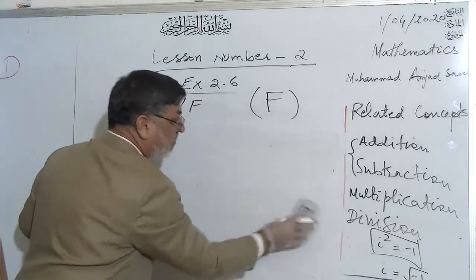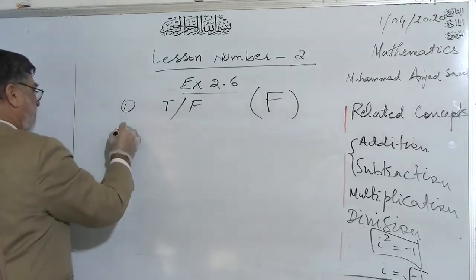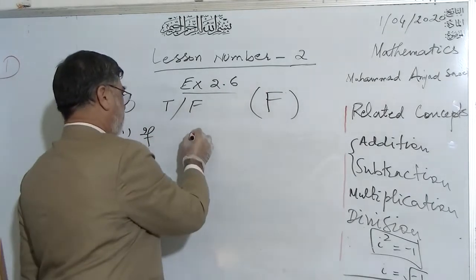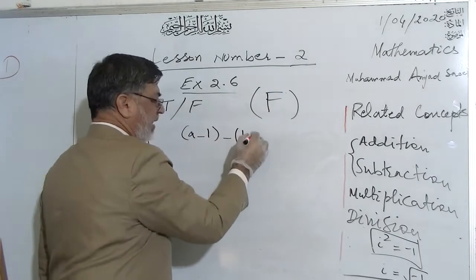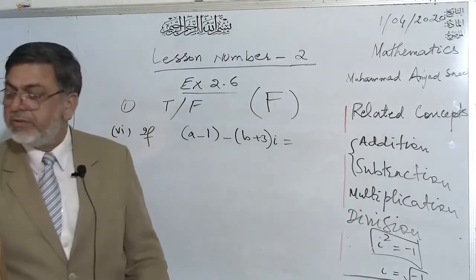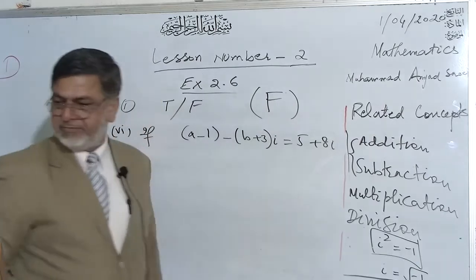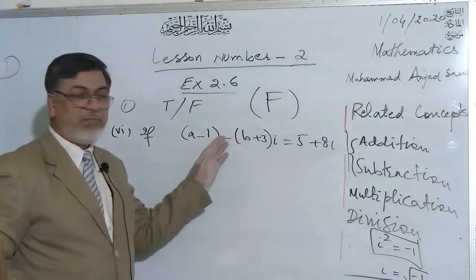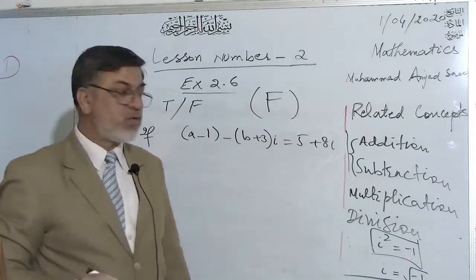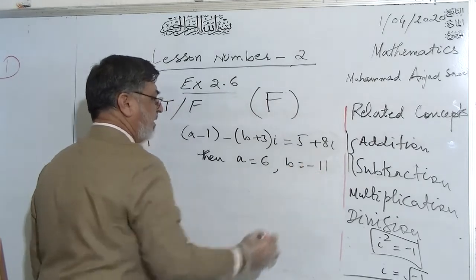After that, we have part number 6. If a minus 1 minus b plus 3 into iota is equal to 5 plus 8 iota, then a is equal to 6 and b is equal to minus 11.